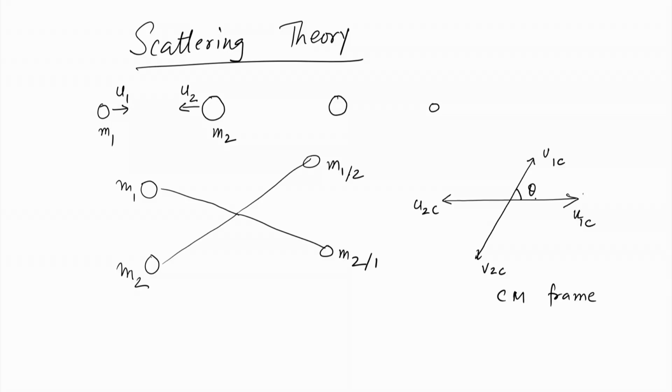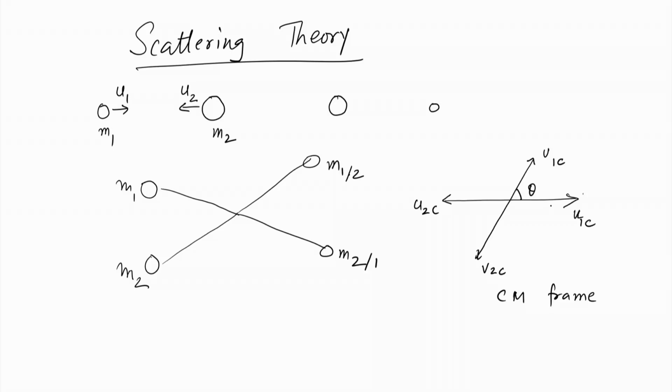The particles scatter like this with the final velocities v1c and v2c, making an angle theta with respect to the incident direction, and the problem becomes reasonably simple, and it can be solved in the CM frame.